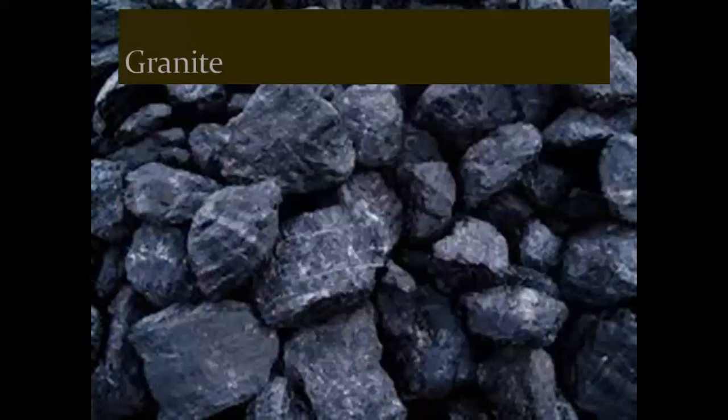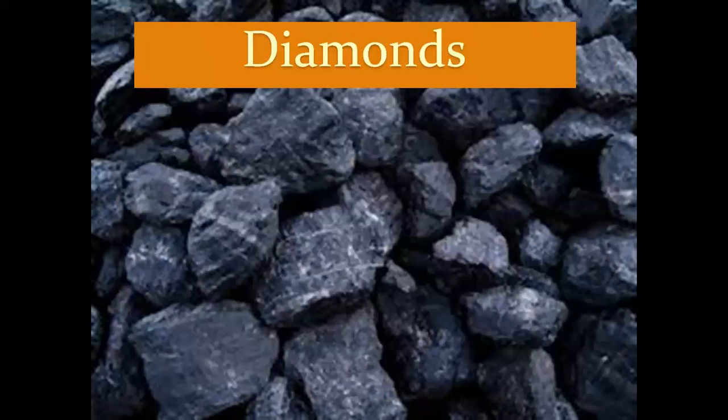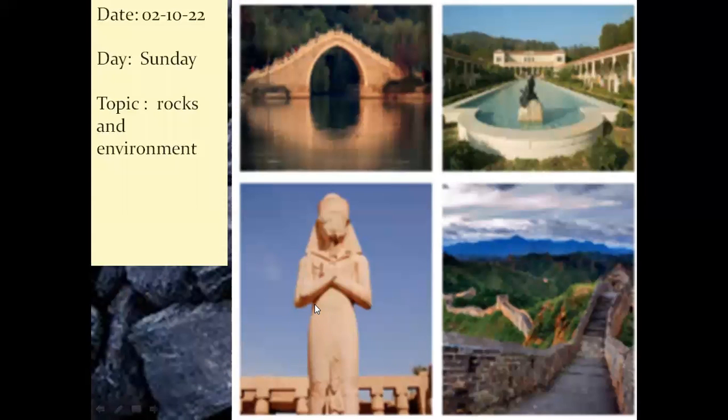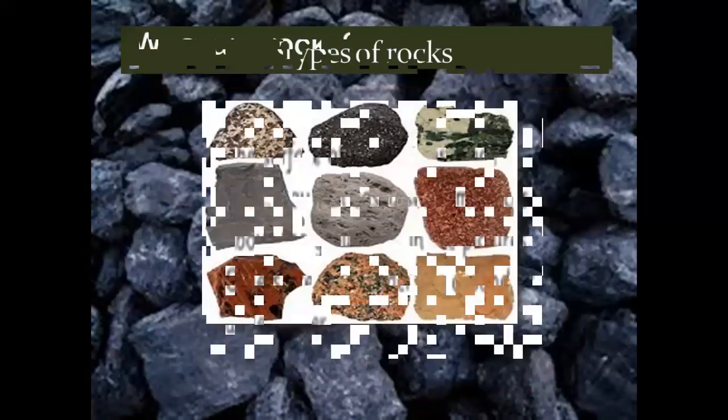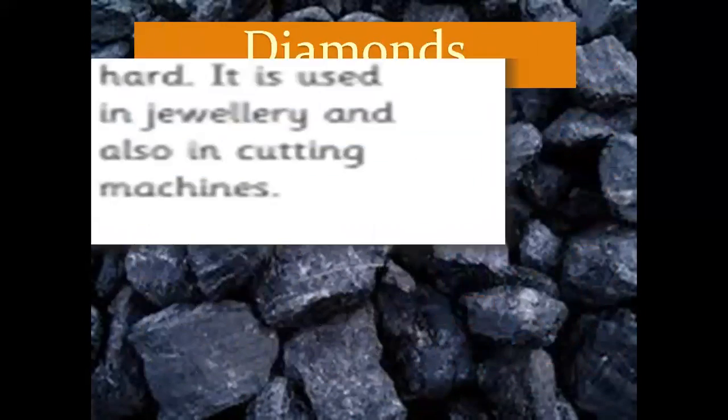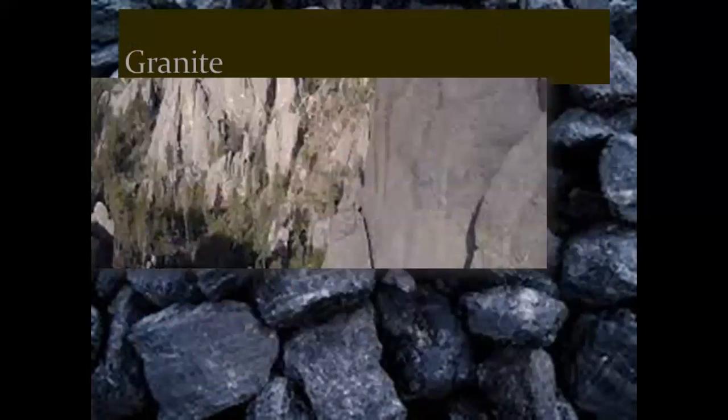Statues and decorations, you can see in the first picture here, are also made of rocks for decoration purposes. So rocks are very hard and they are used for different purposes.